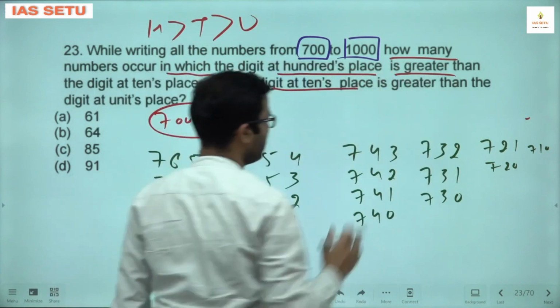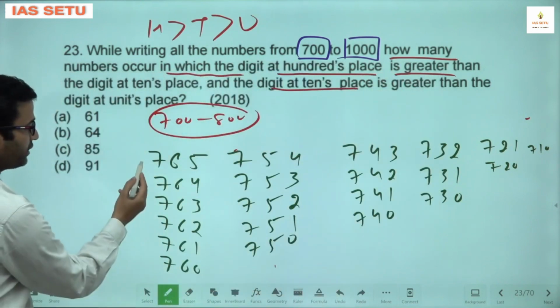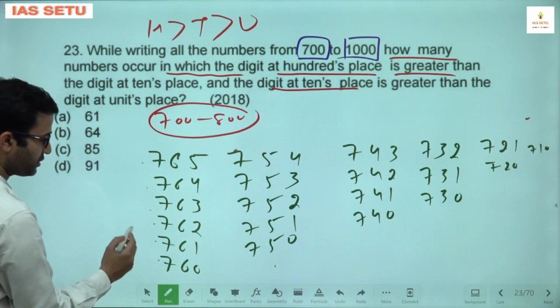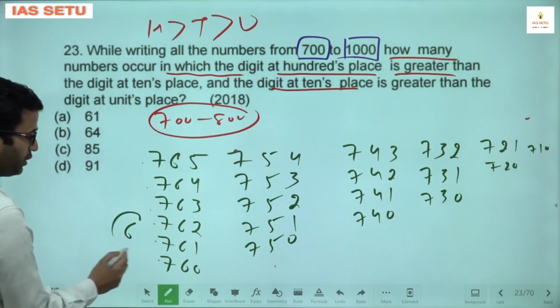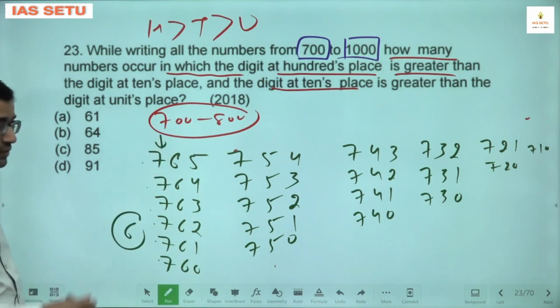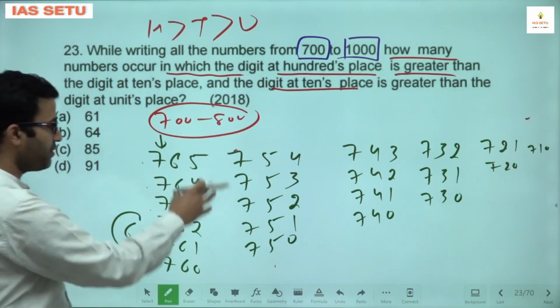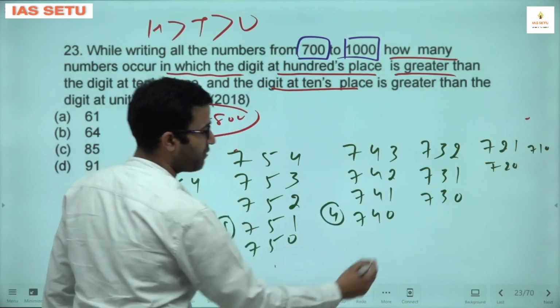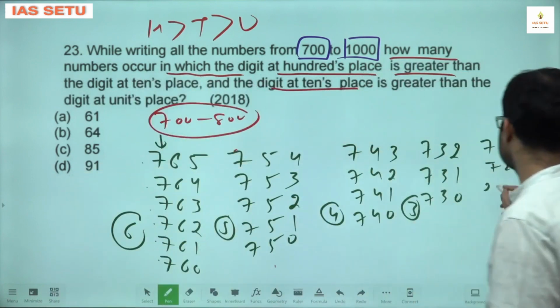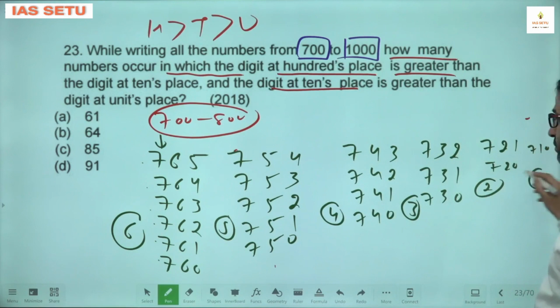But there is one thing which helps you. If you count the numbers here, 1, 2, 3, 4, 5, 6, it will be 6, 5, 4, 3, 2, 1 sequence. So in the 760s we have 6 numbers, 750s we have 5 numbers, 740s we have 4 numbers, 730s we have 3 numbers, 720s we have 2 numbers, 710 one number.